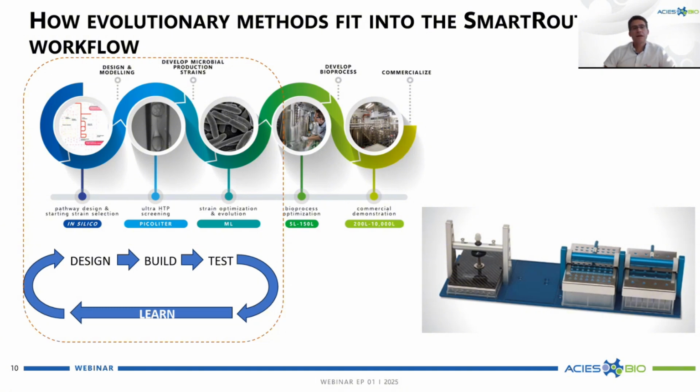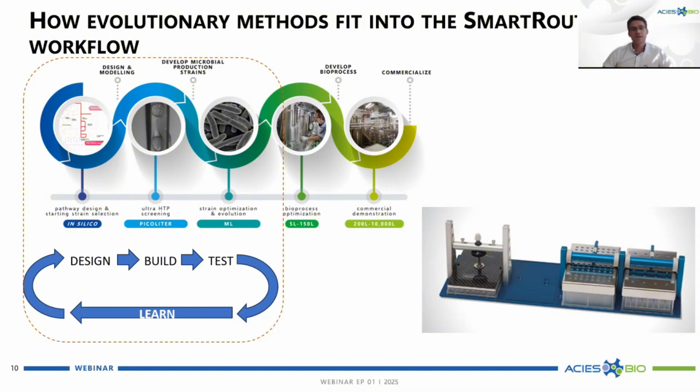Now, how do these methods actually fit in the Acies Bio SmartRoute workflow? Clearly, they are carried out in the context of, or in parallel with, the synthetic biology-based methodology in the initial stage of the development, so in the strain engineering part.